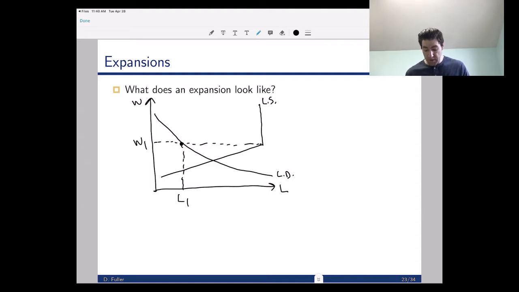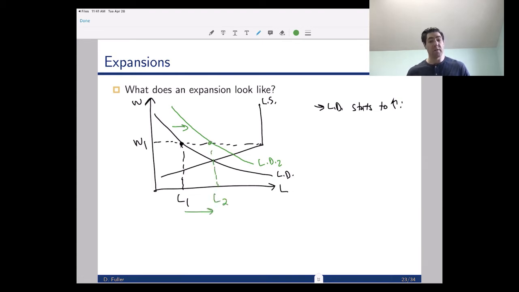And what happens in an expansion is that labor demand starts to increase. And so just notice in the first change here, employment is increasing.